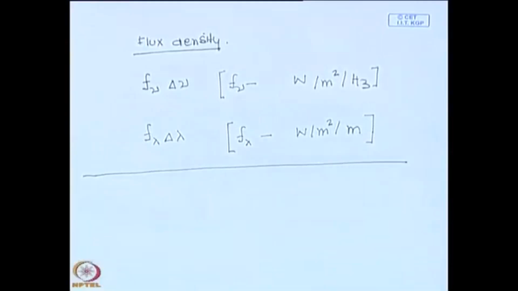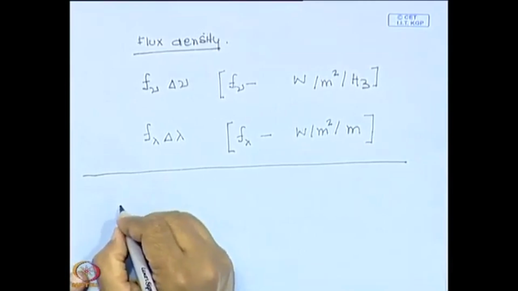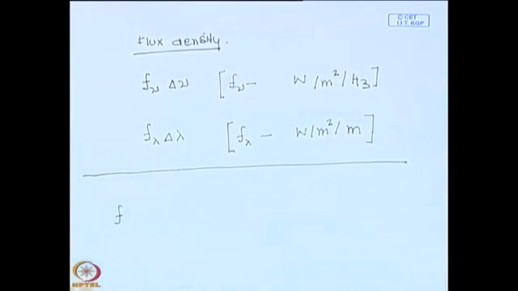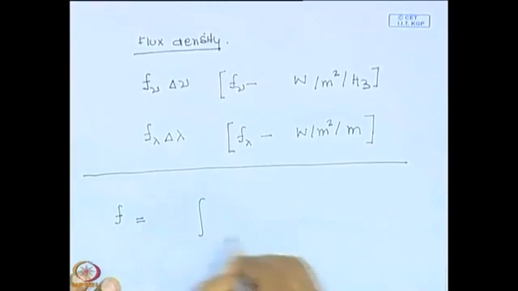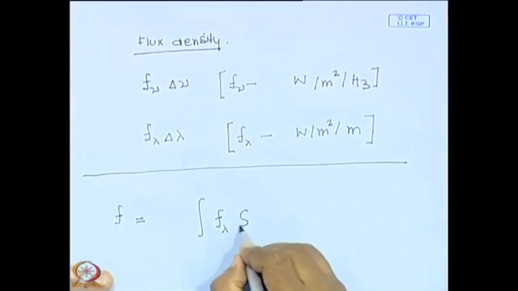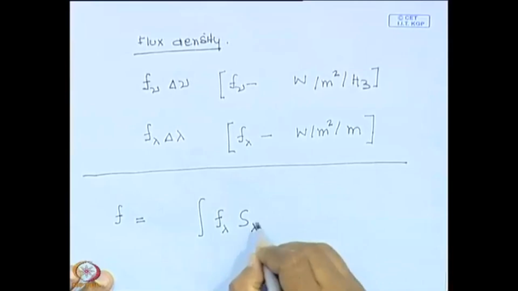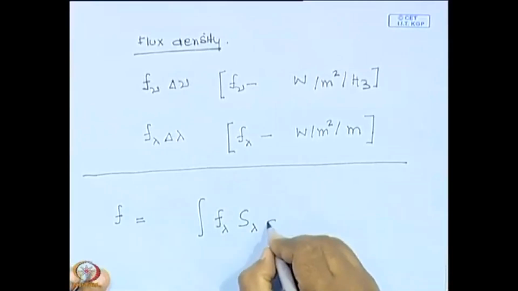The quantity that is measured in any astronomical observation, suppose I am looking at a star or a galaxy through a telescope, is the flux, which is the flux density F lambda into the sensitivity of the observation S lambda into d lambda.